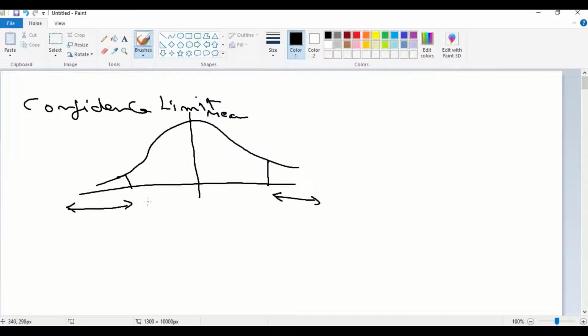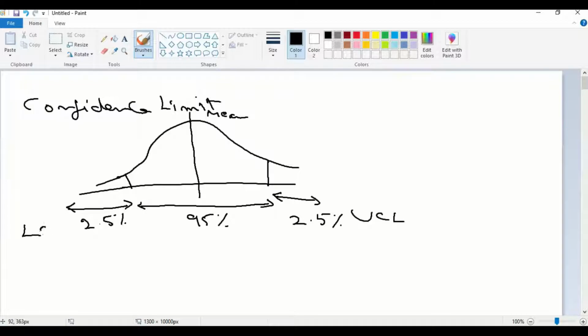So now what is the remaining duration? This is the confidence limit of 95%. So what will be the other part? Remaining is 5%. So each part should be divided. Upper confidence limit will have 2.5% and lower confidence limit will have 2.5%.